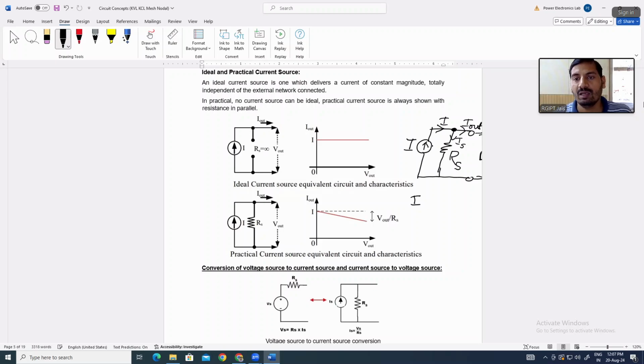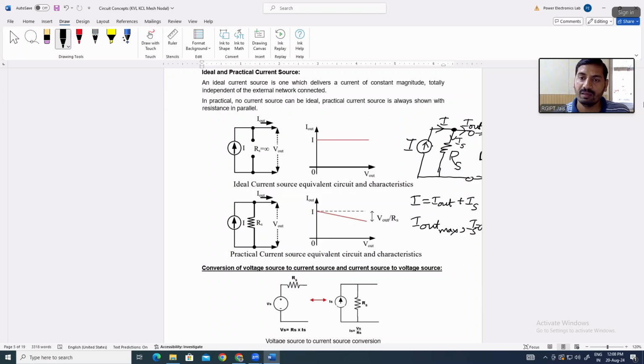So incoming current is I, outgoing current is I out plus IS. So to maximize I out, ideally IS should be 0, but in practical application, IS will be minimum.